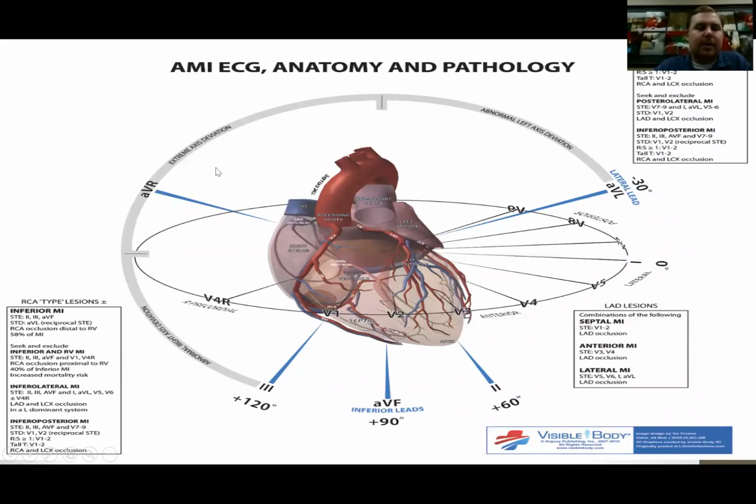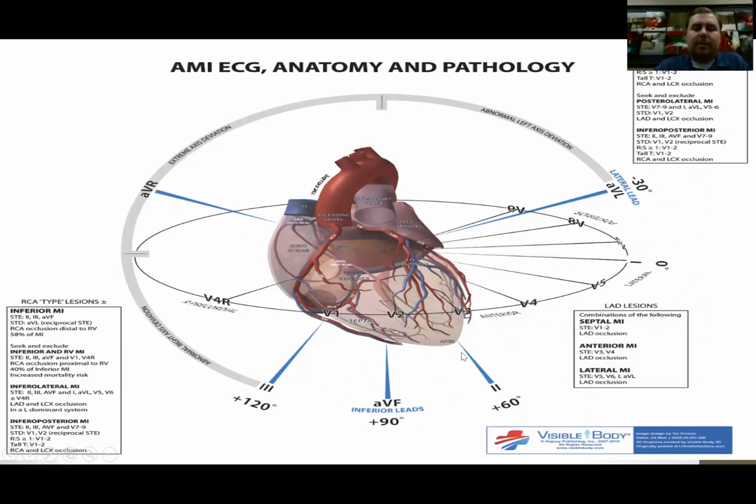So that's where aVR is going to have a lot of use. Lead 1, looking out here at this circumflex coming off the lateral wall, along with aVL. So also looking at that circumflex. 2, 3, aVF, looking down here off the inferior wall.